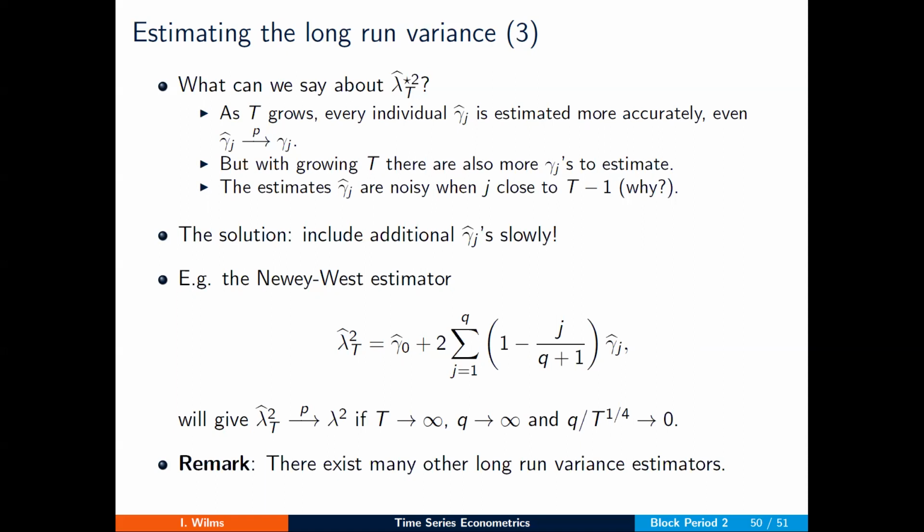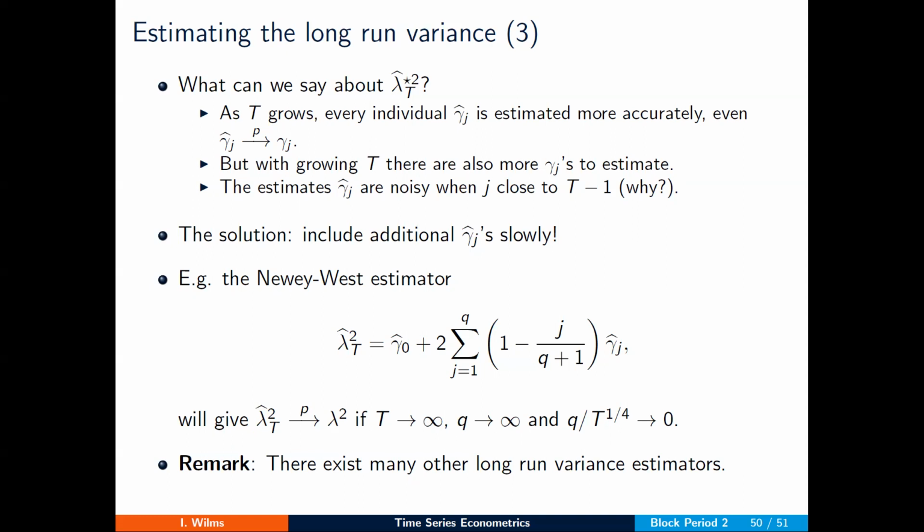So when we let the sample size go to infinity, well then, yes, many of them are estimated more accurately as we would expect. But we would need to estimate many more of them. And the estimates get very noisy for higher order lags. Why? Well, since we don't have many observations available to estimate them.